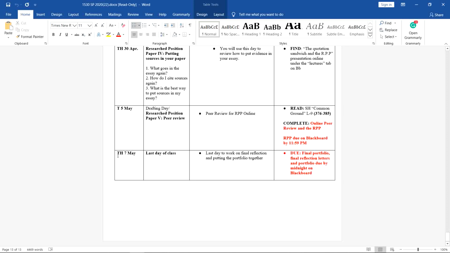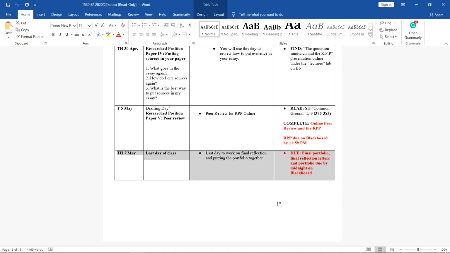And then next Thursday, May 7th, is our last day of class. On that day, we'll be working on putting portfolios together and working on final reflection letters. I don't know if everyone remembers, but we did cover letters for Comp 1 portfolios, and Comp 2 has them as well.